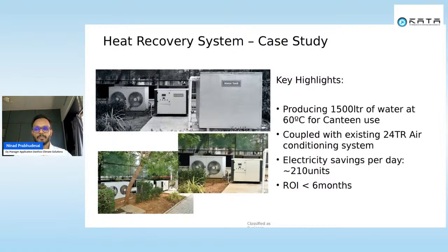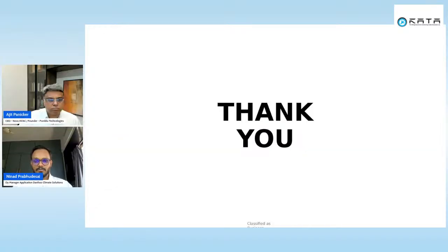And I would suggest all the big organizations here who have canteen facilities, or who need higher temperature water daily for different uses in their premises, can simply put in these heat recovery units and benefit from it. Yeah, so I think that was my last slide. Ajit, I would hand over to you now.